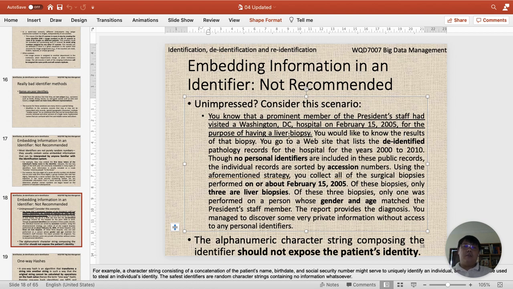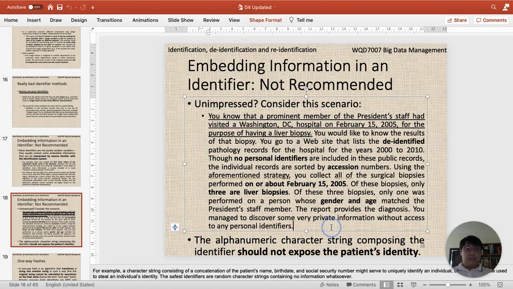So it is very crucial to remove personal identifiable information as much as possible. Gender and age are not recommended to be released as public data, but somehow in some cases they are still released.